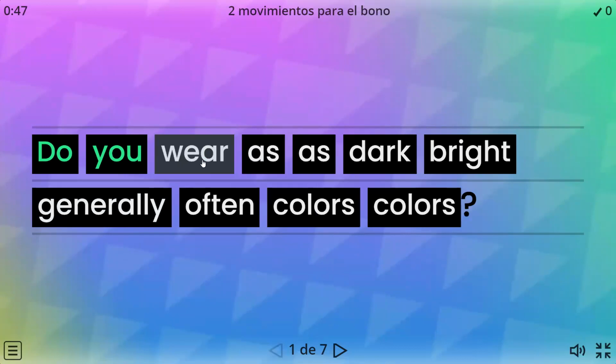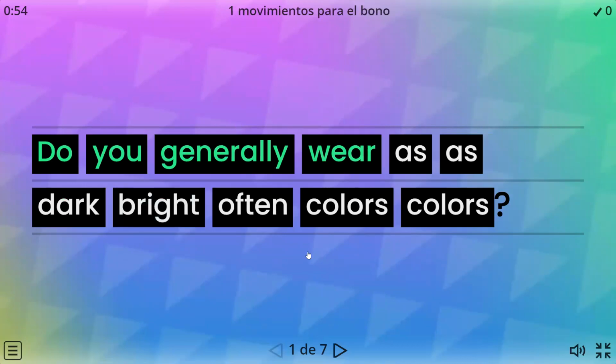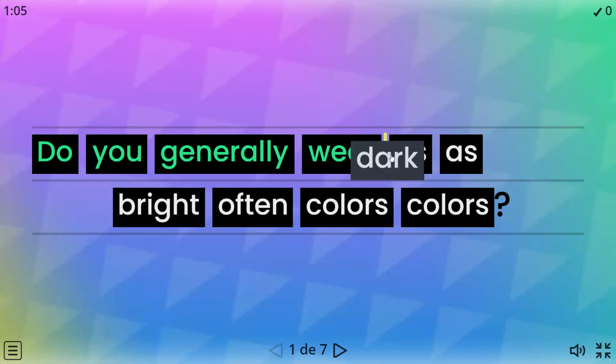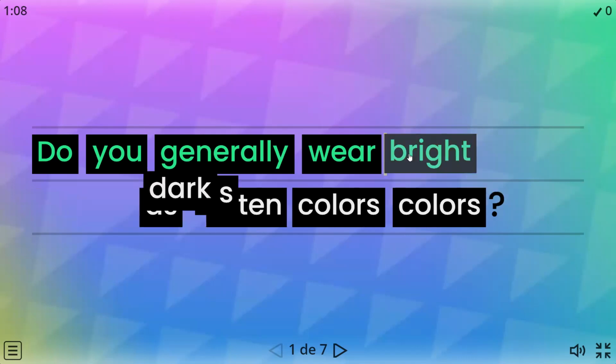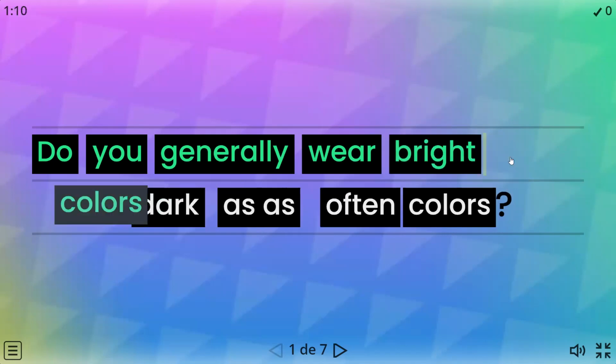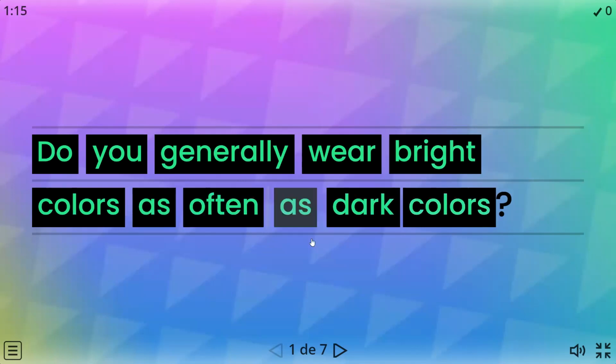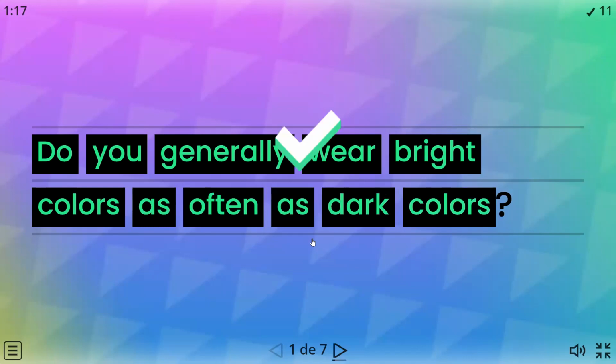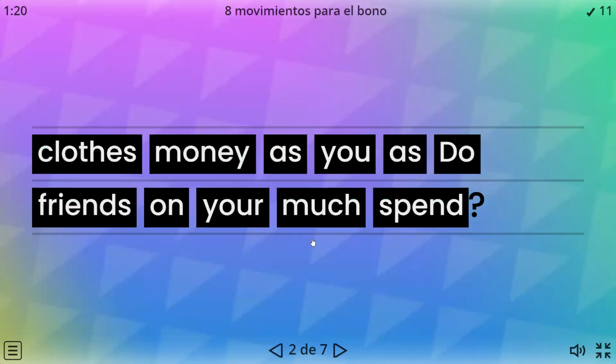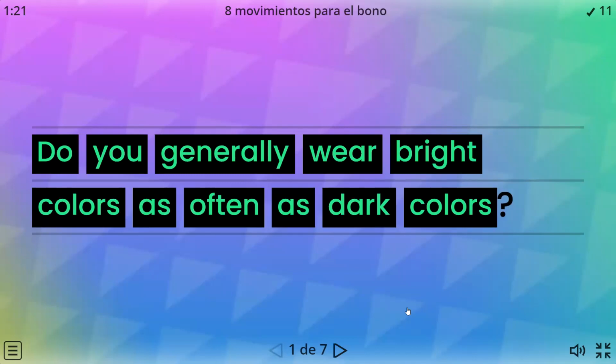Oh, so if it's not a verb, something that modifies the verb, an adverb. Yes, do you generally wear? Okay. Wear what? So we have bright or dark colors. So maybe let's use dark first. No, okay, dark, no. Okay, bright, yes. Bright colors as often as dark colors. Do you generally wear bright colors as often as dark colors?